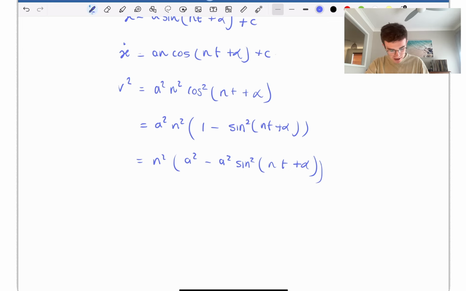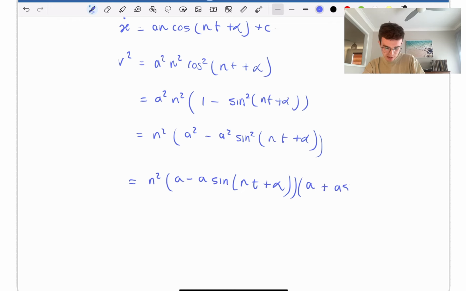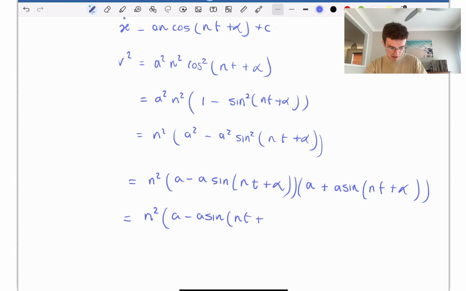So we can say that this is n squared times (a minus a sin(nt + alpha)) times (a plus a sin(nt + alpha)).